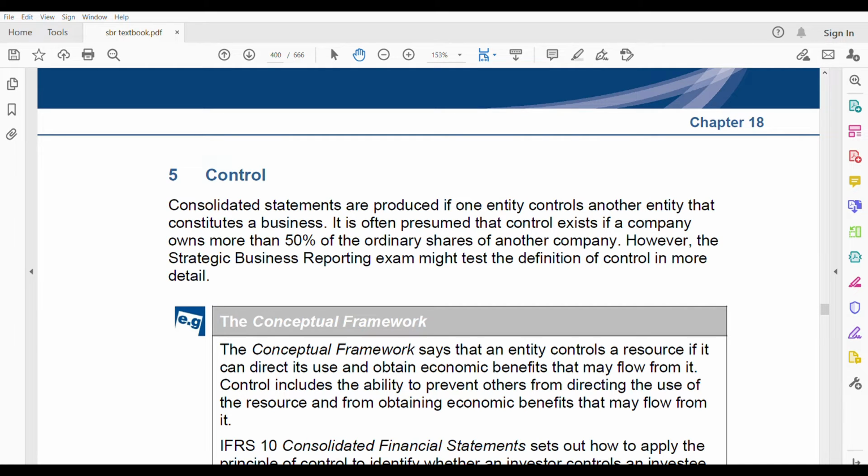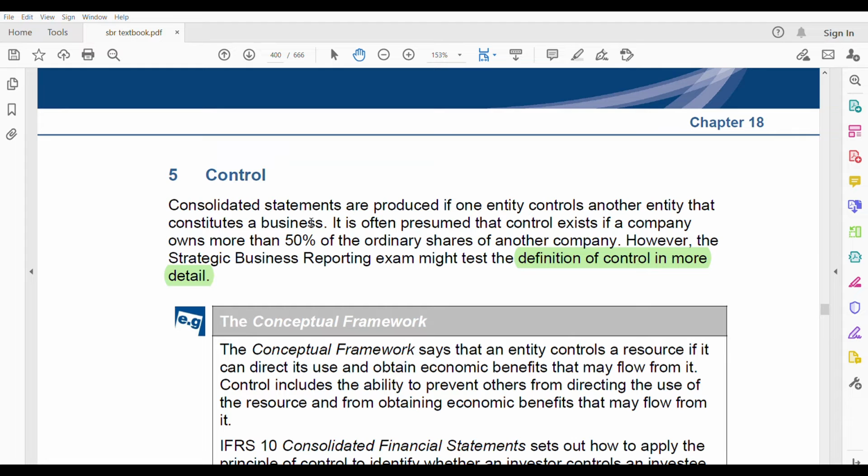Remember, control happens when you have a subsidiary, only if you have acquired more than 50%. But in the SBR test, you need to know the definition of control in more detail. Just having more than 50% is not enough. Sometimes they might ask you theory questions on this.